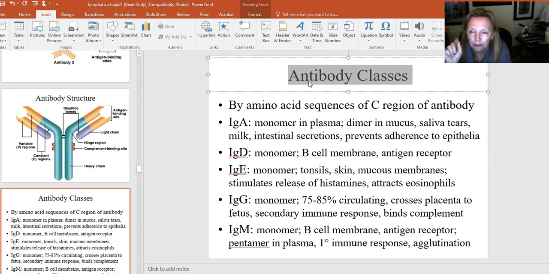One is called direct serology testing, and the other is called indirect serology testing. I need you to know that an indirect serology test is looking for antibodies. A direct serology test is looking for the antigens.